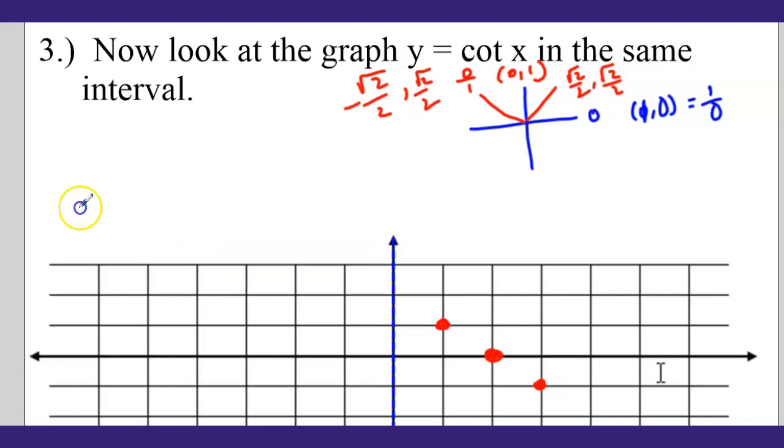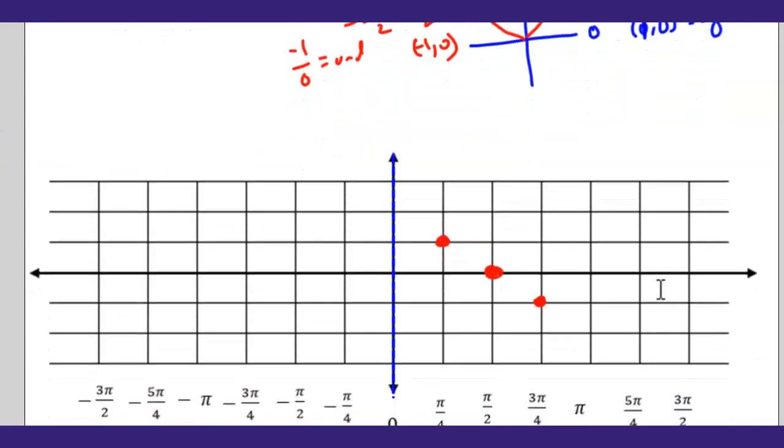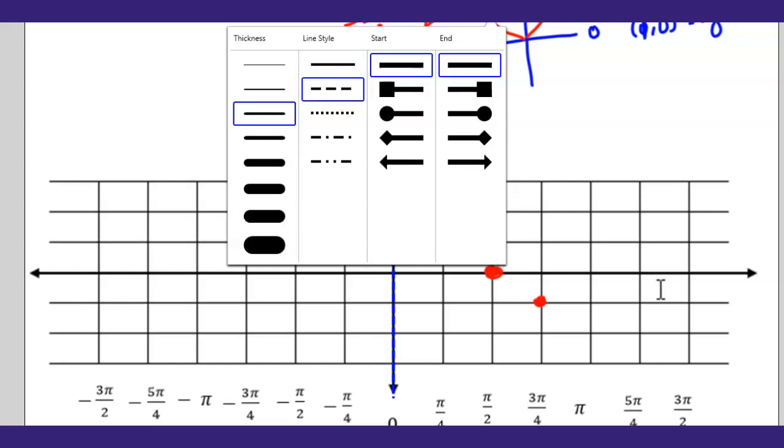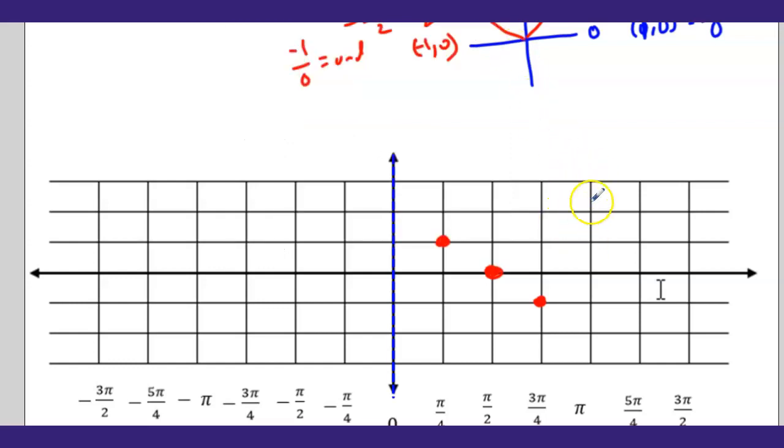And then if I did this point right here, negative 1, 0, I found cotangent, that's negative 1 over 0. So that will give us undefined as well. So we have another asymptote right here at negative pi. And again, that's the distance of pi.